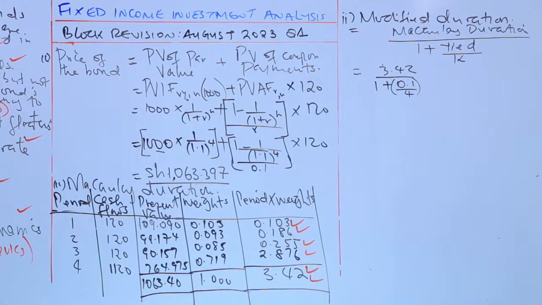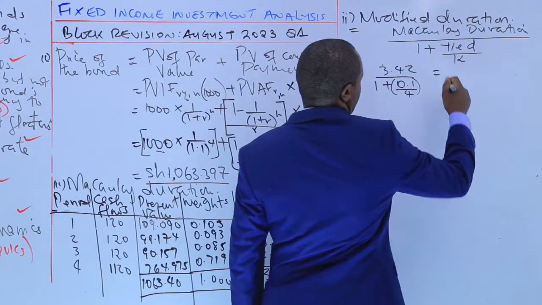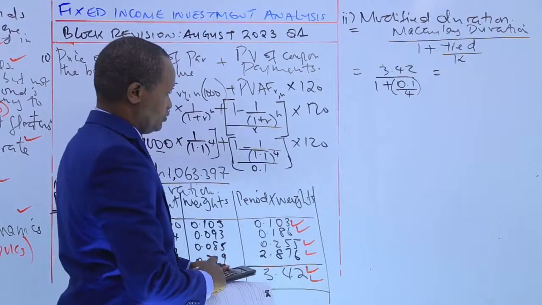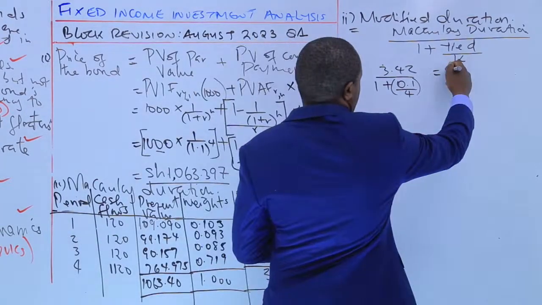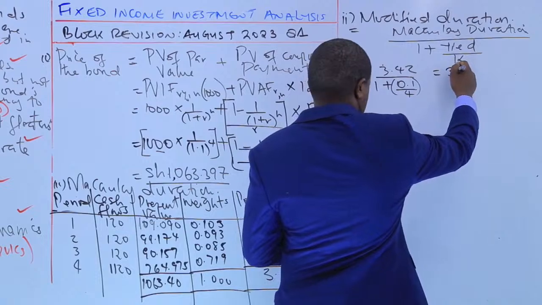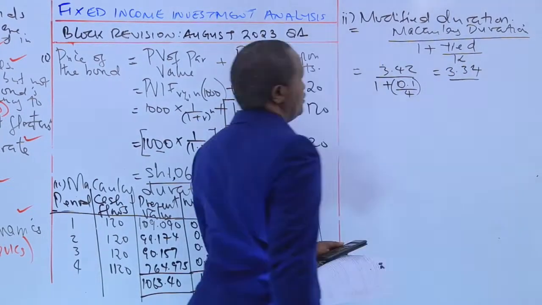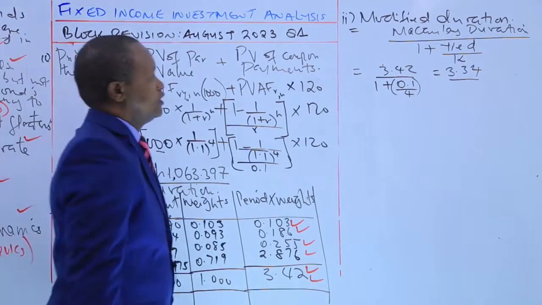So this is going to give us the modified duration, which is equal to 3.34. The modified duration there is 3.34.